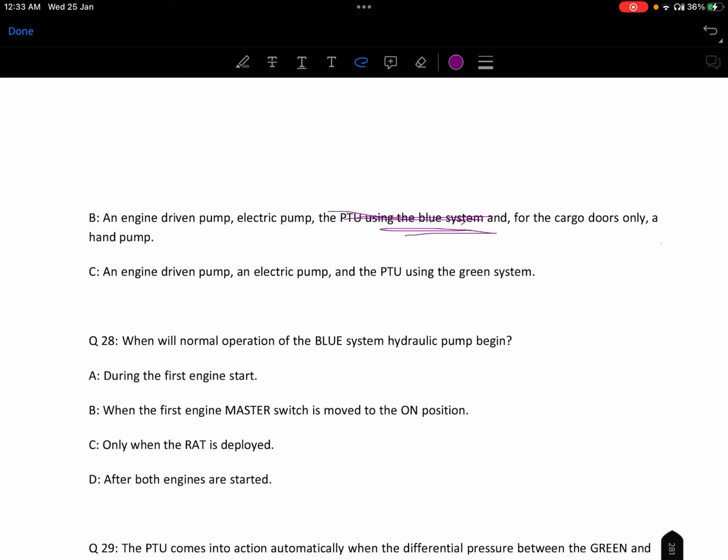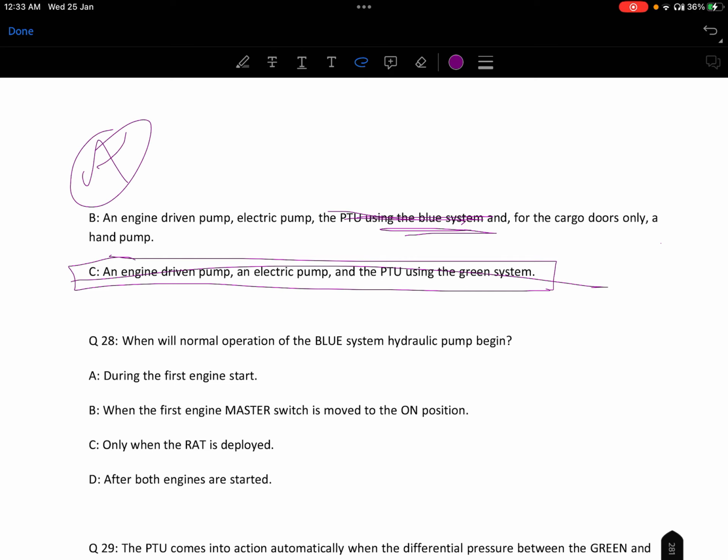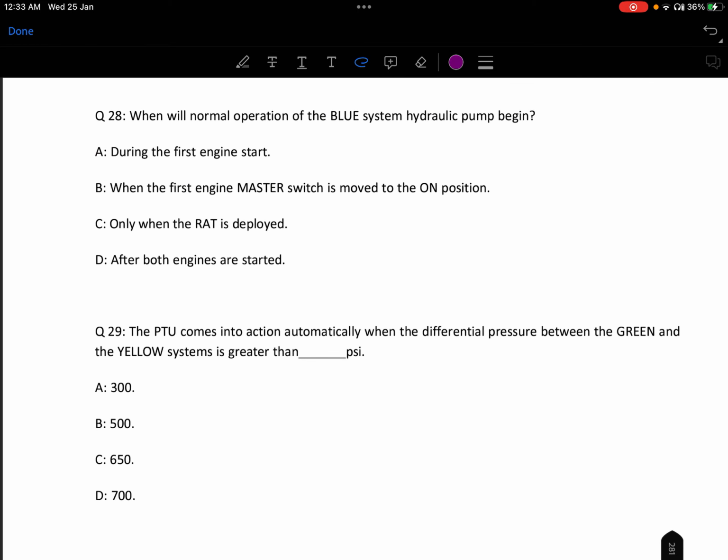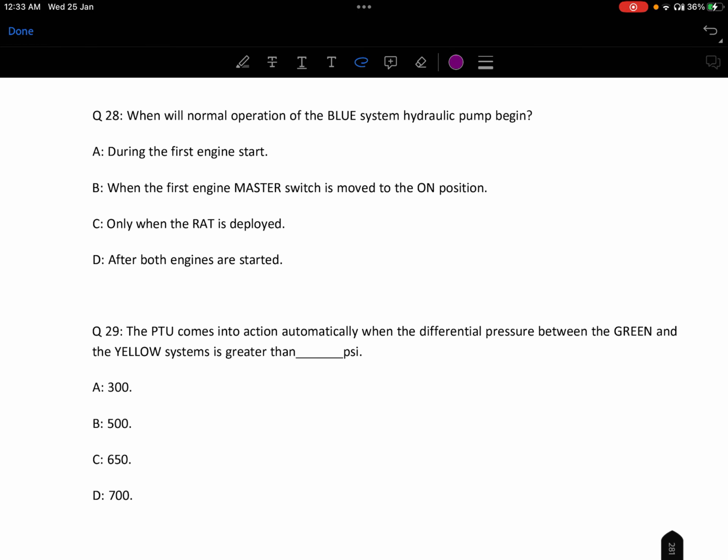Engine driven pump, electric pump, and PTU using blue system is wrong. For cargo door only, an electric correction, an engine driven pump, an electric pump, and PTU using, yes, this seems correct, but it can be used with the hand pump also, so this is wrong. Alpha, I would prefer alpha over it.